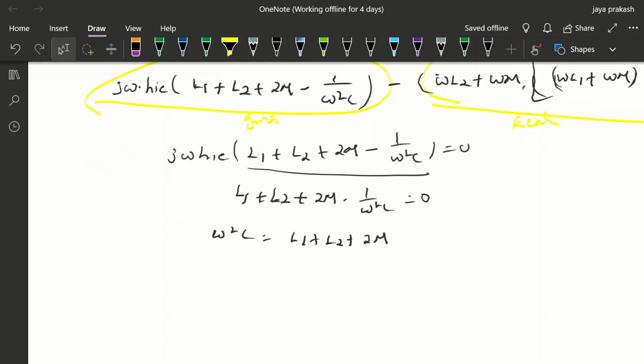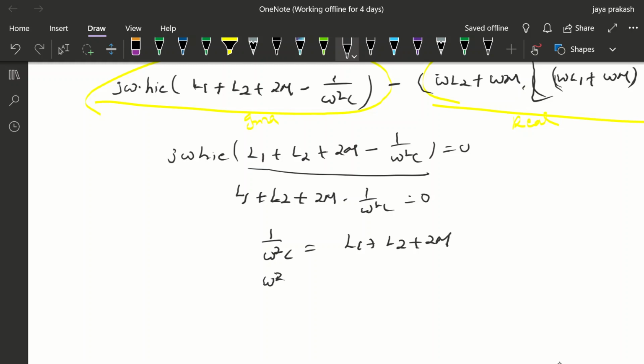So this L1 plus L2 plus 2m can be considered as, 1 upon omega square c is equal to L1 plus L2 plus 2m.